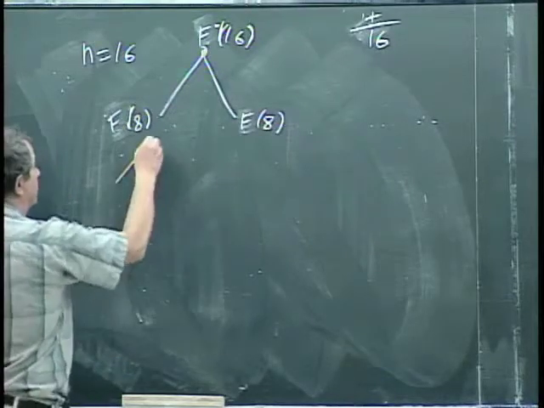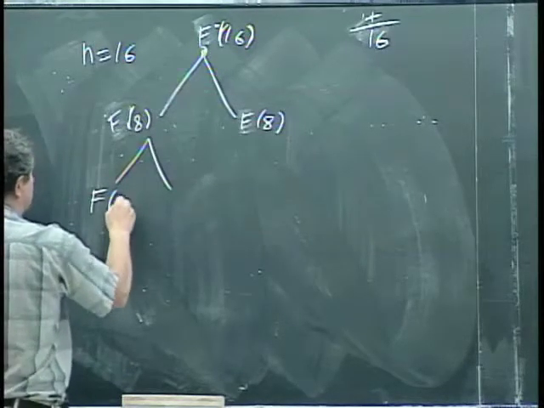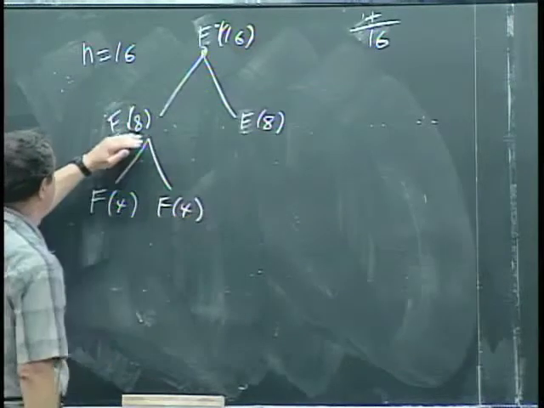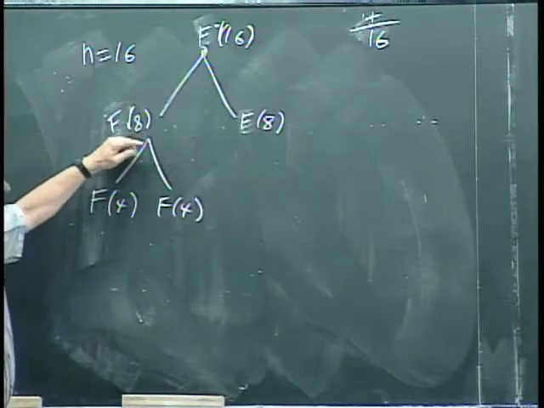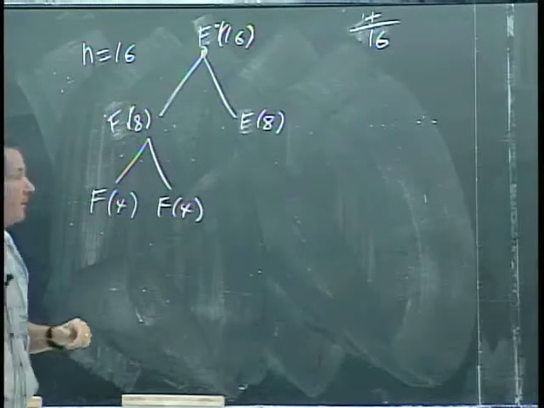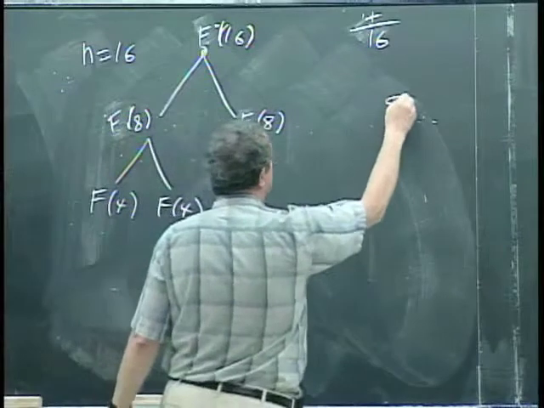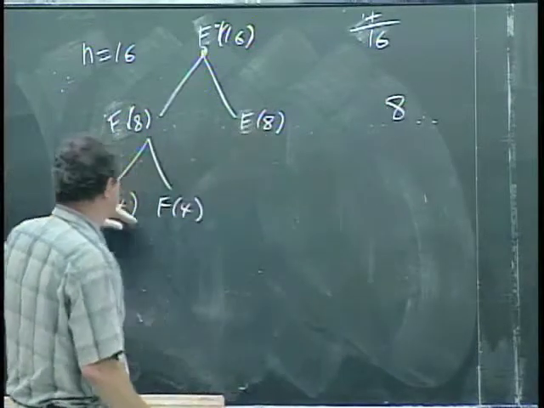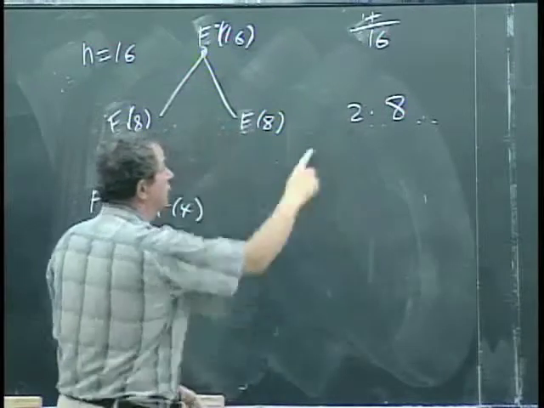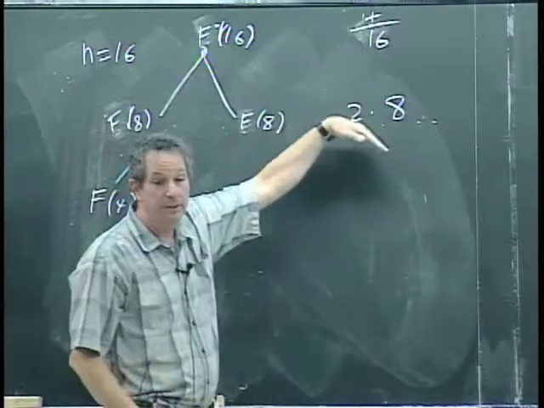Yeah, it's twice f of 4 plus what? Plus 8. Okay, but here's f of 8 once, and here's f of 8 again, so it's 2 times 8 in terms of the sum that's happening.